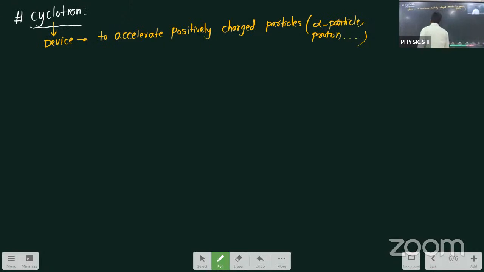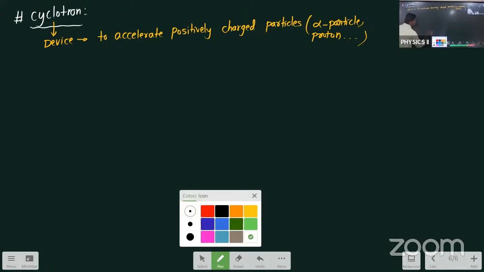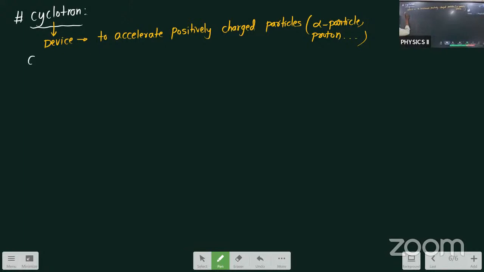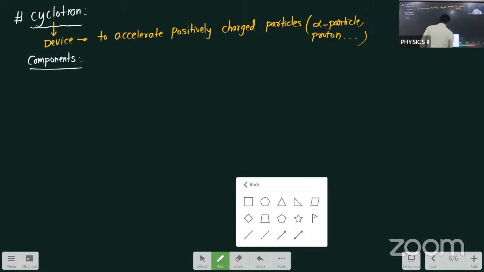Let us see the construction, or the components, of the cyclotron. See here. Cyclotron consists of two Ds, something like this.